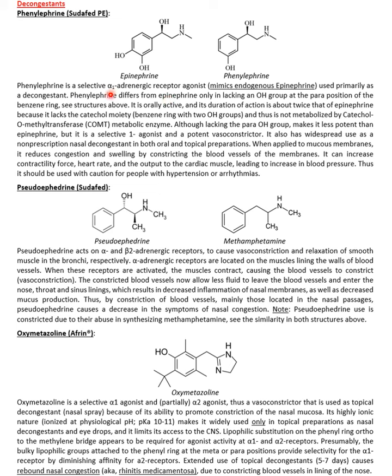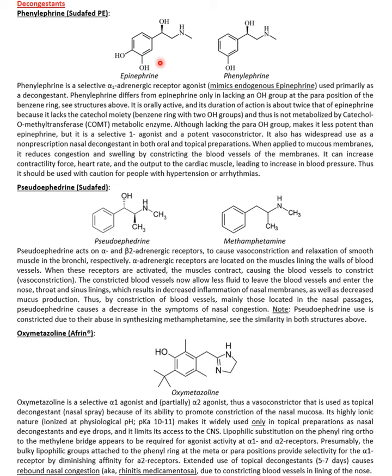The endogenous molecule that binds to the alpha-1 receptor in the body is epinephrine. This is the structure of epinephrine. And since we need to produce an effect similar to epinephrine, we need to design an agonist that binds to the alpha-1 adrenergic receptor to produce the decongestion effect.